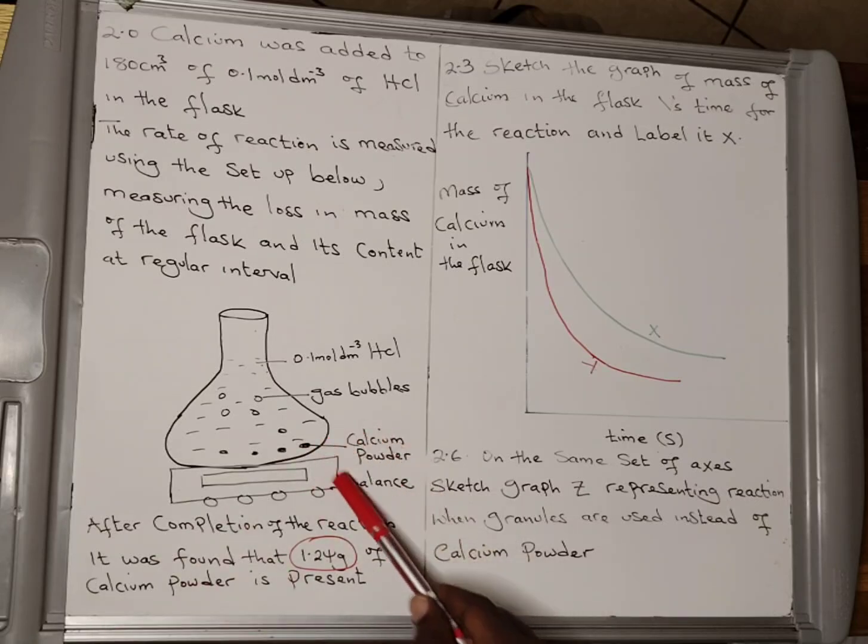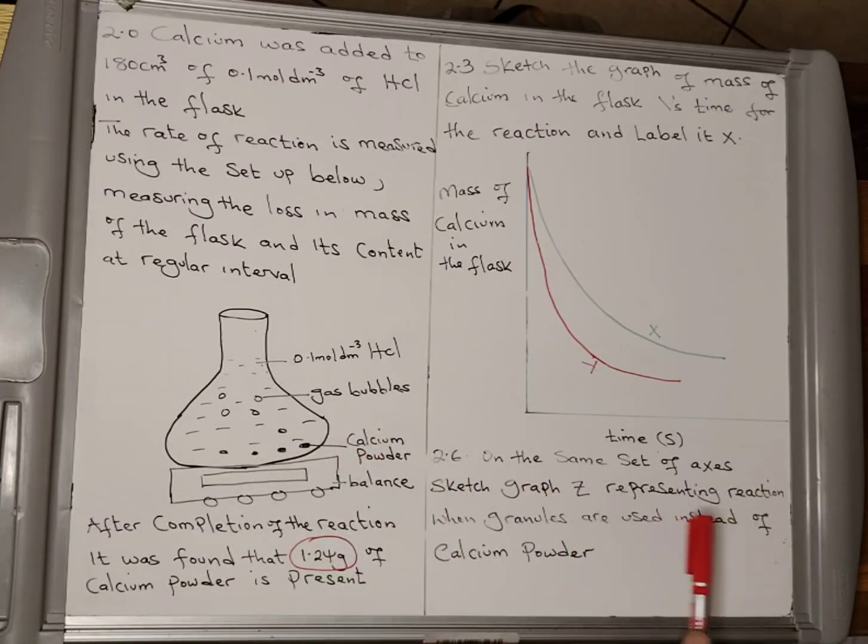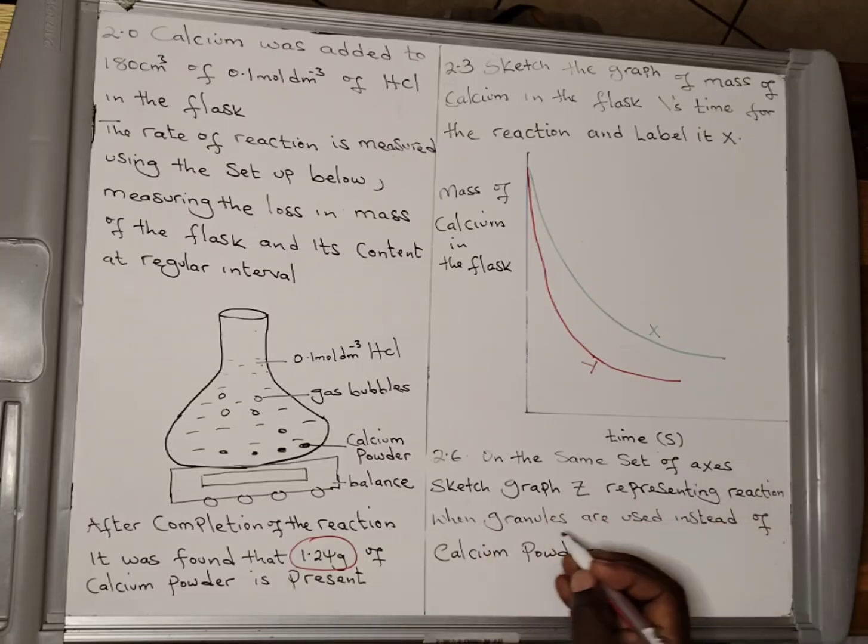Now you are taking out the powder and replacing it with calcium granules. So what do granules do? One of the factors which affect the rate of reaction is surface area.